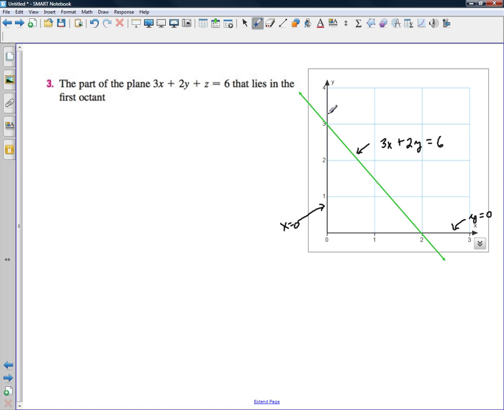So you can imagine this plane coming out straight at you along the z-axis that's coming out right at us, and then we have this plane down here where the y's are 0. It's called the xz plane coming out at us, and then the trace line in the xy plane is the green line that I've drawn.